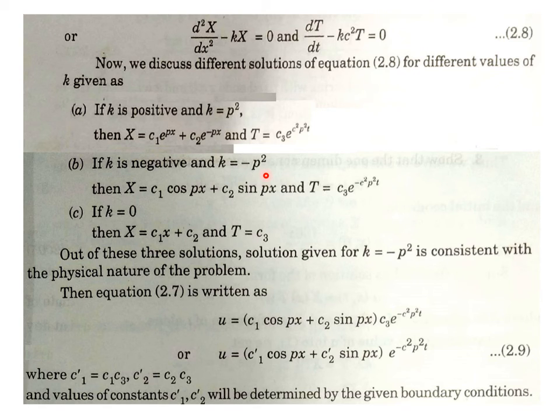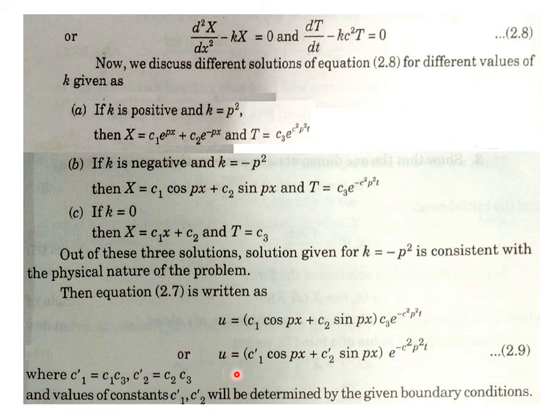So we consider that solution, with these two values of capital X and T substituted in equation 2.7. U becomes capital X into T, meaning C1 cos px plus C2 sin px into C3 e power minus c square p square t. If we multiply that C3 inside, it is much simpler to say that C1 C3 becomes C1 dash, a new constant, and C2 C3 becomes C2 dash, a new constant.